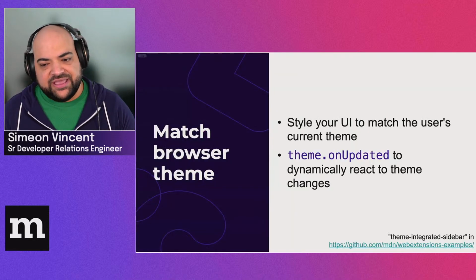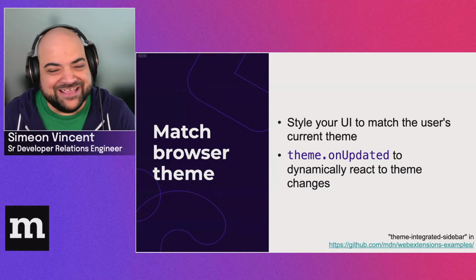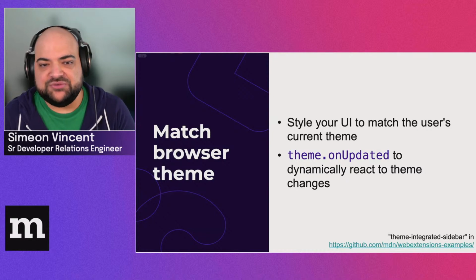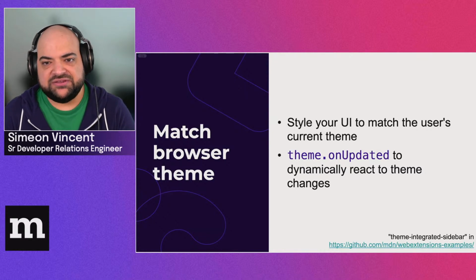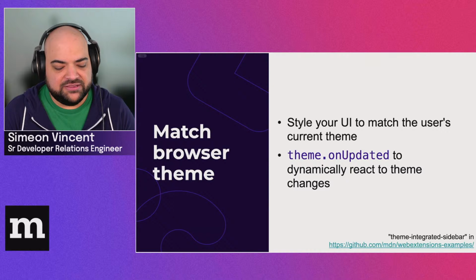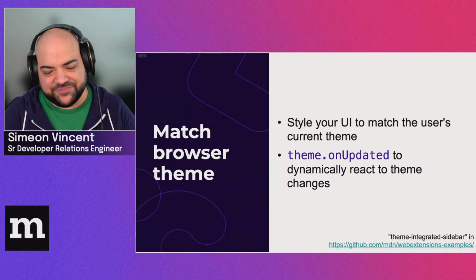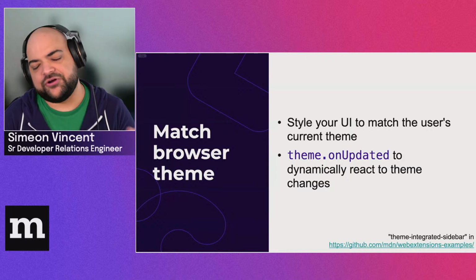First, and possibly my favorite, is matching the browser's theme. Using the theme API, you can not only update the theme of the browser, you can also get the current theme settings.